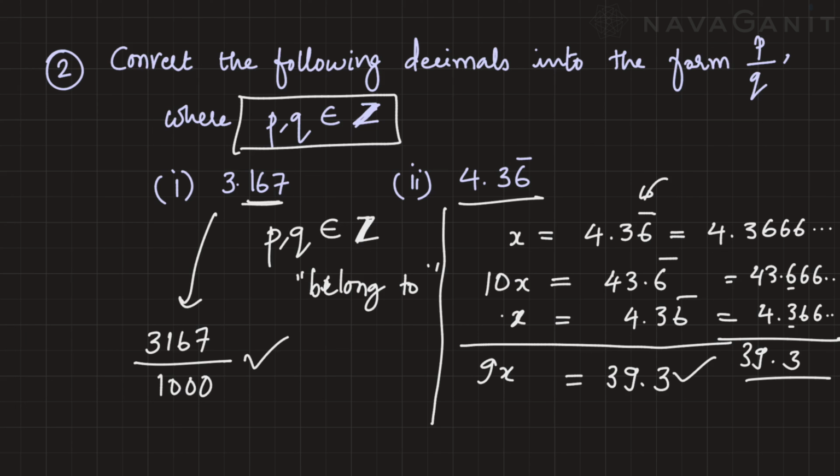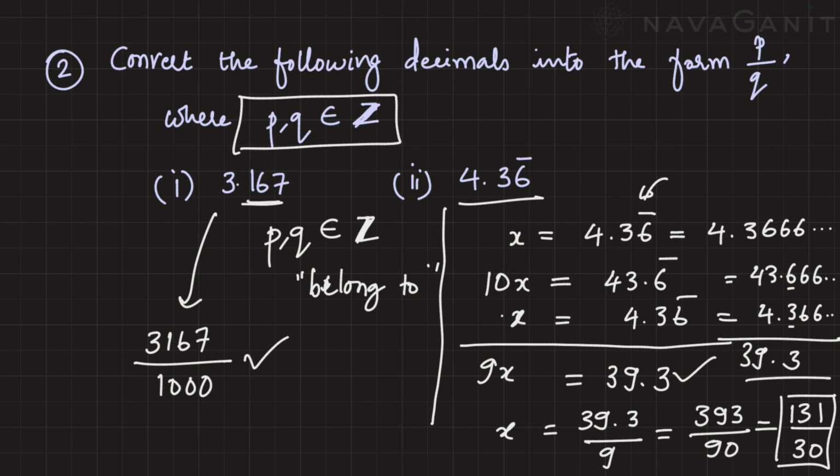So 9x is 39.3, that is, x is 39.3 upon 9. This I can write as 393 by 90, because I'm multiplying numerator and denominator by 10 to remove the single decimal point. Further I can simplify because 3 is common in both numerator and denominator. So 131 by 30. This is the final answer.